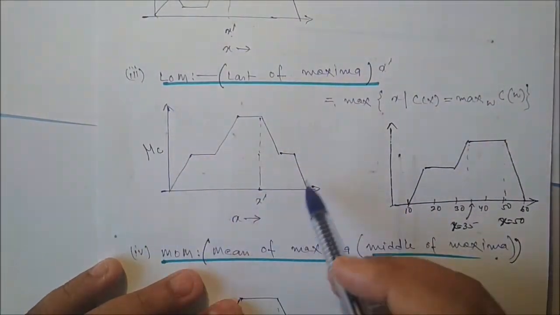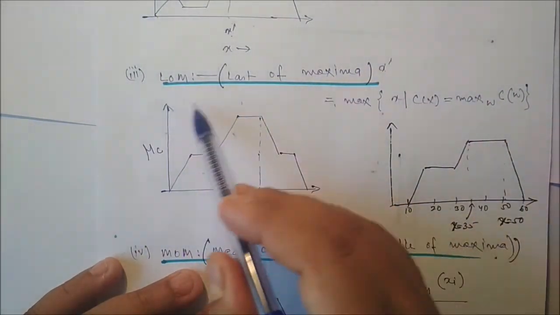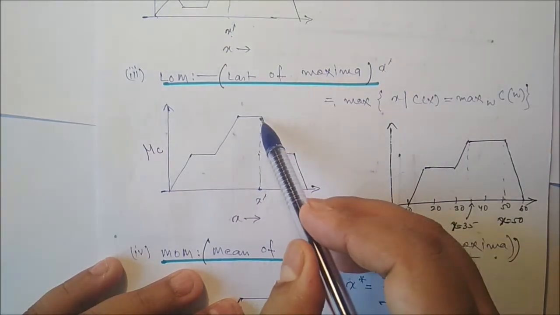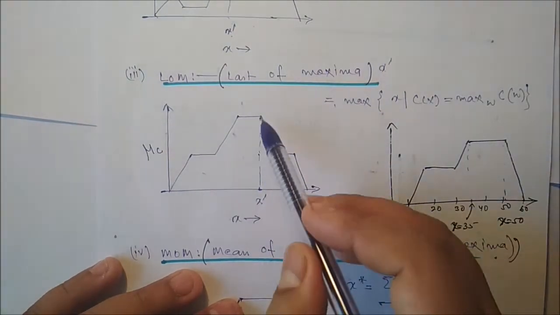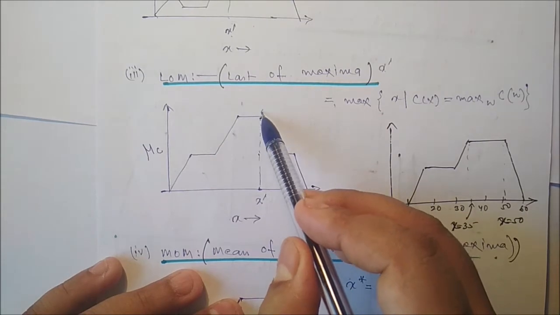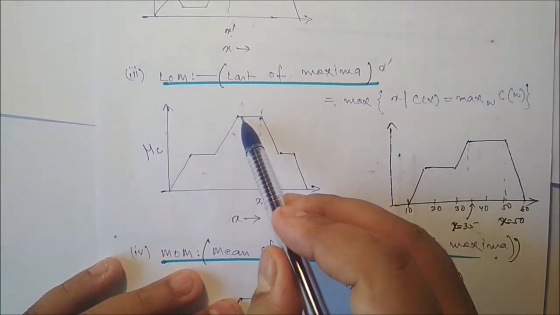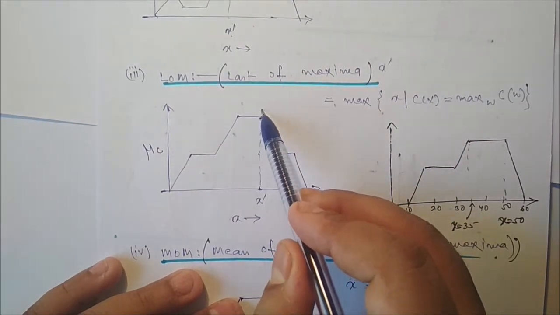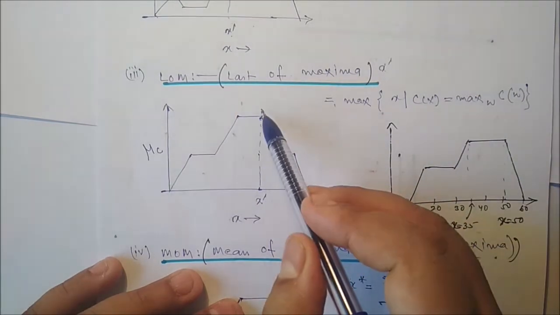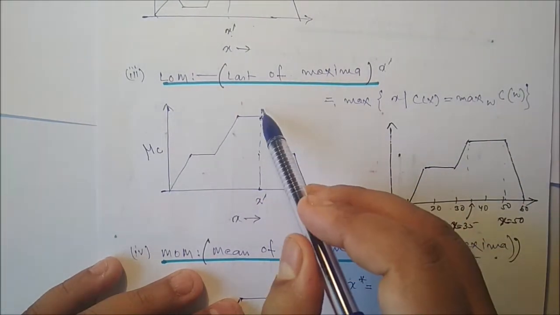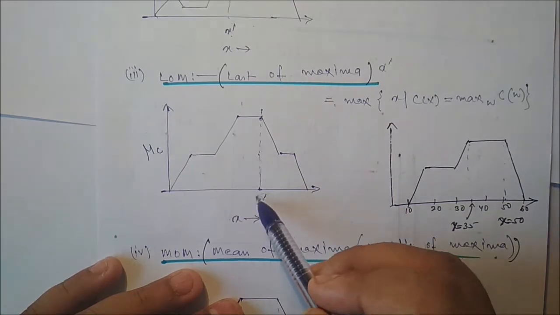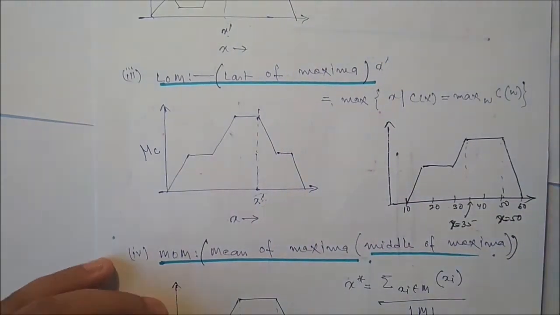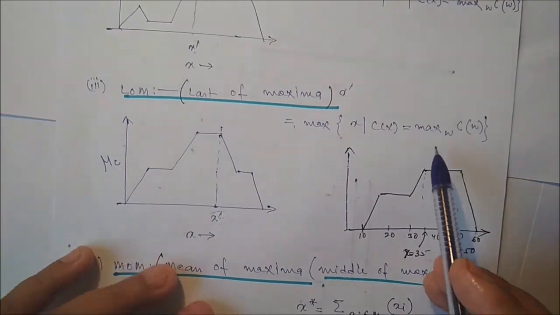Now last of maxima. We can see here this is our fuzzy output, and the crisp value will be x dash, which is the last point where it is maximum. This particular part is the maximum part. So the last maximum point is the associated crisp value.